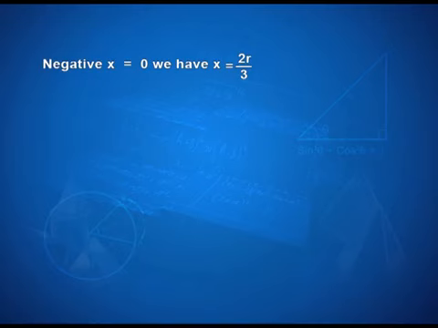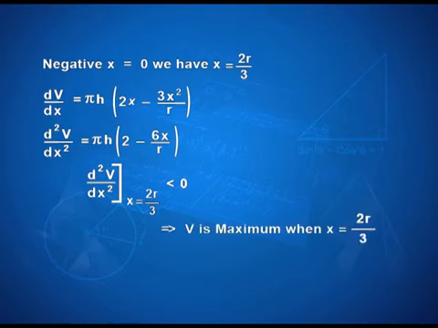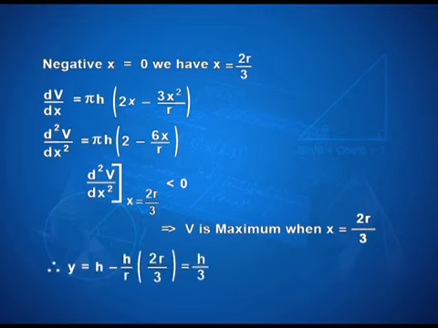Whether this is a point that gives us maximum volume can be verified only through the second derivative test. So, I find the second derivative, and when I put x equal to 2r by 3, we get the second derivative negative, which confirms that V is maximum when x is 2r by 3. When x is 2r by 3, what would be the height?